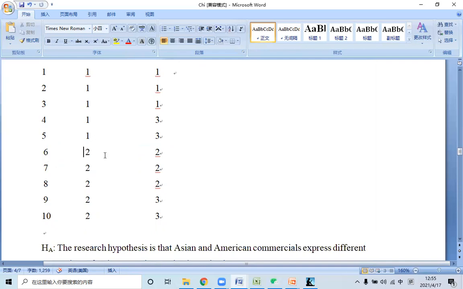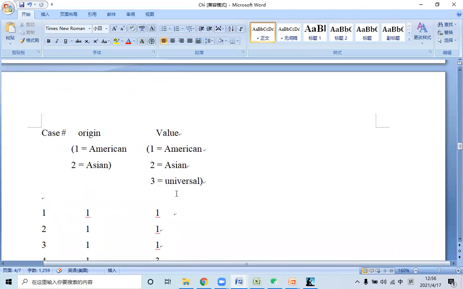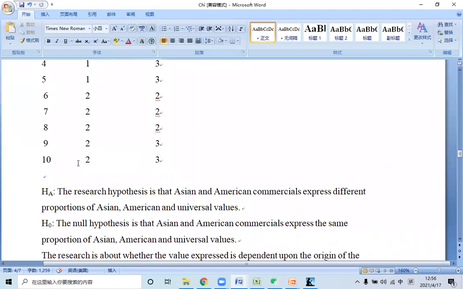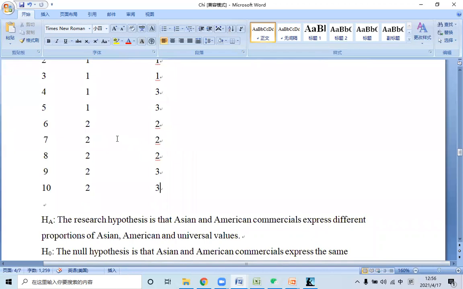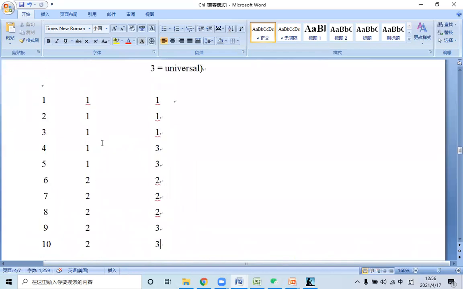Number six comes from Asia, Asian origin, and shows collectivism, Asian value. Number seven, same thing. But look at number nine. It comes from an Asian country, but shows a universal value, health and beauty. Also number 10. So these are the distributions. You have these distributions of commercials from different regions, and also the values they are expressing.